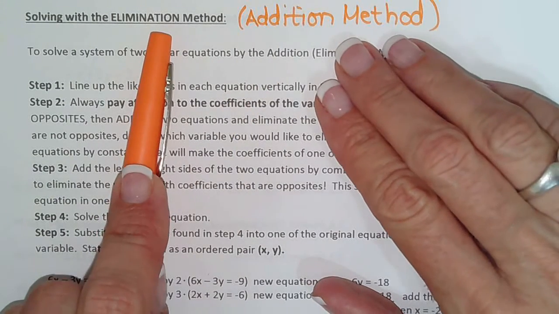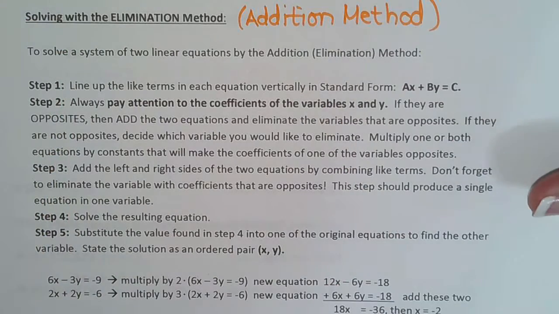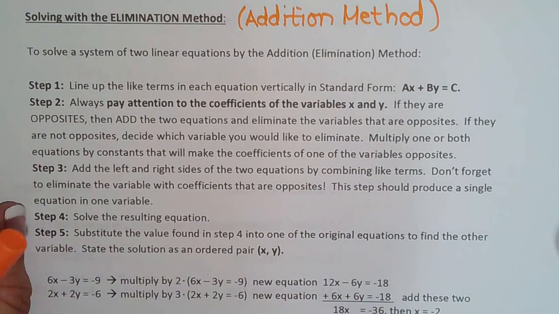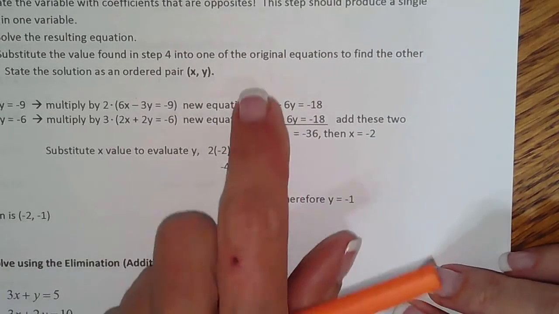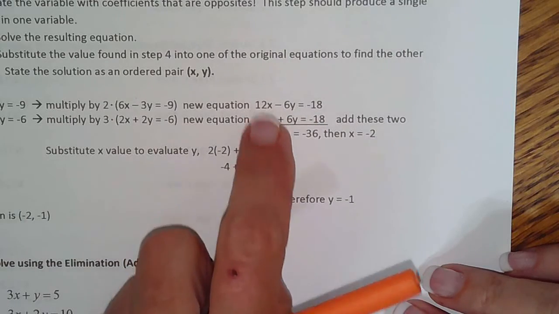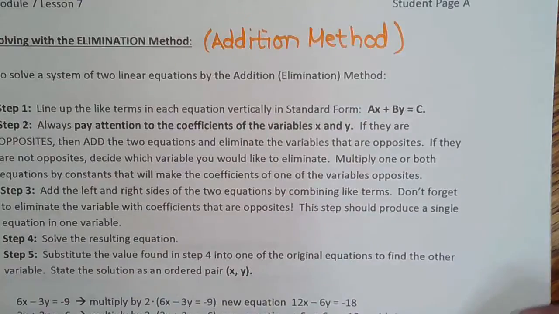So the elimination method or addition method, and I'm not sure which one Alex calls it, but whatever it calls it on your homework, it's going to call it the same name on your test, so you'll be familiar. And both names are appropriate. Elimination's appropriate because we're going to be eliminating one of the variables, but addition's appropriate too because one of the steps in this new method is adding the two equations together. So I like both names.